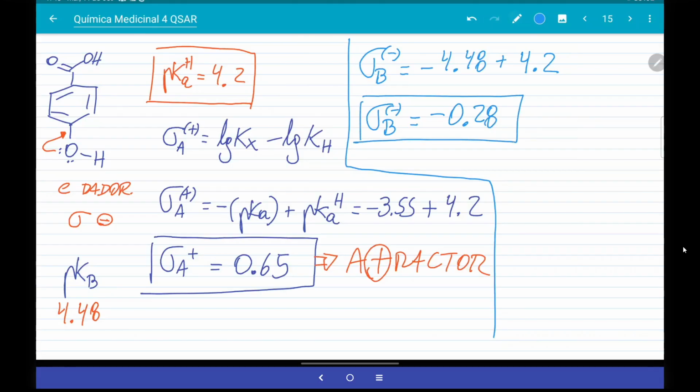We already have two values, minus 0.28 and plus 0.65, calculated by hand, calculated by you with empirical values.